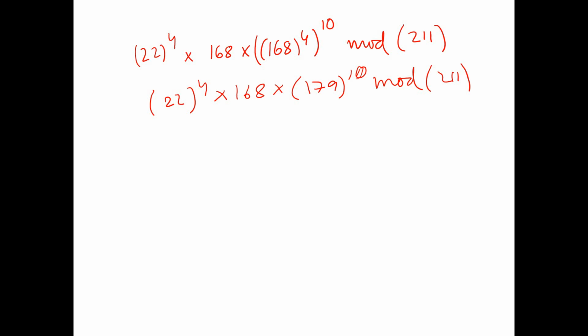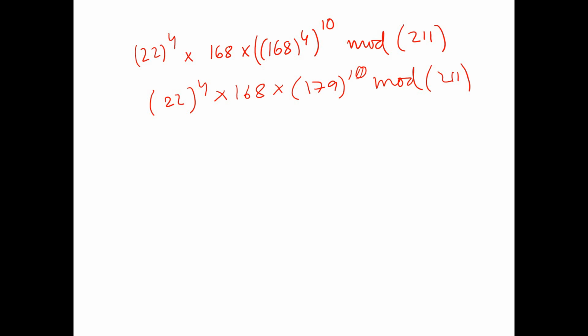Now that 179 to the power 10 is again a problem, because it's a huge number. So what can you divide that into? 2 into 5: 179 square, whole to the power 5, because 179 square is possible.